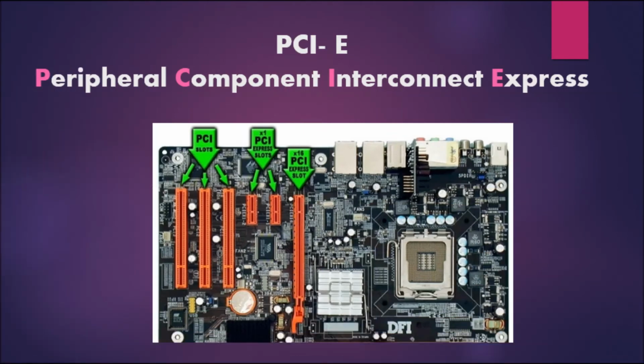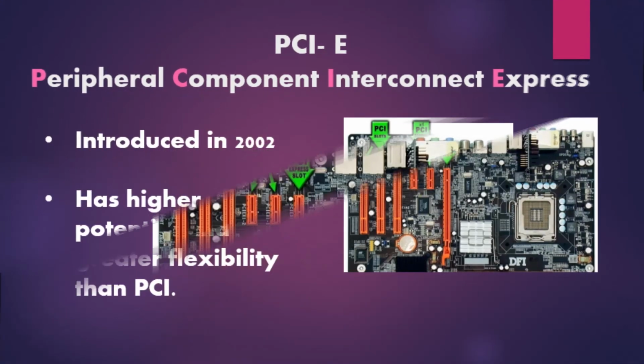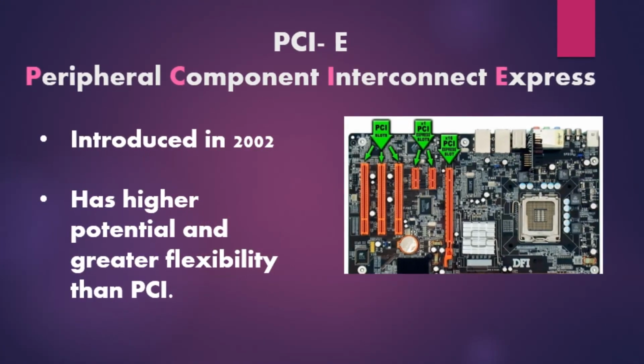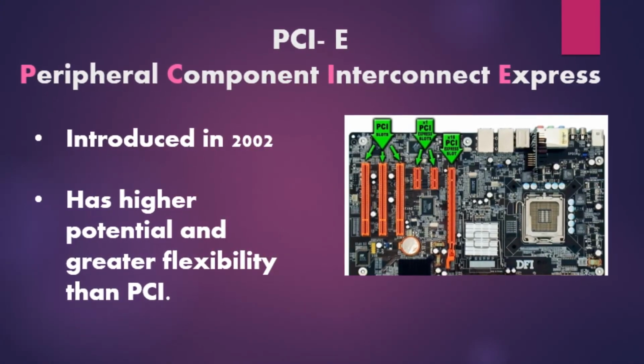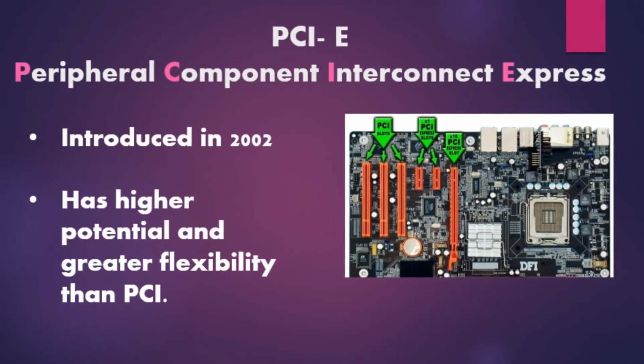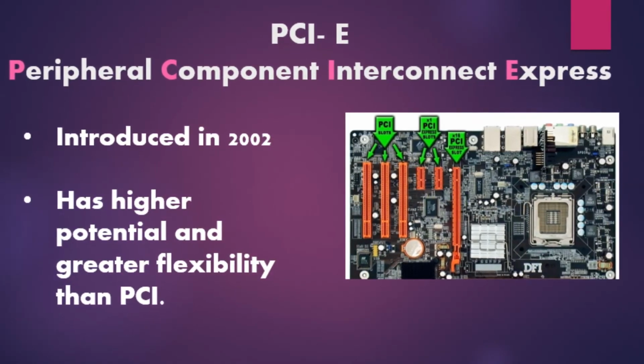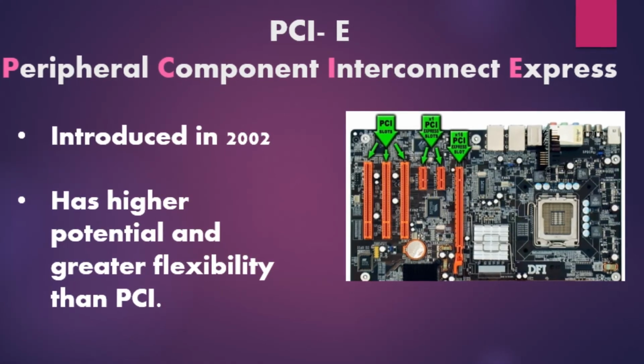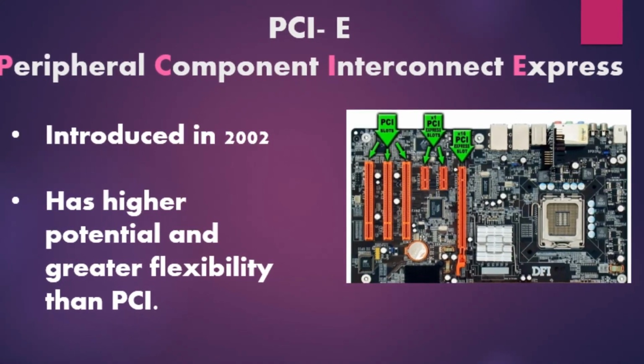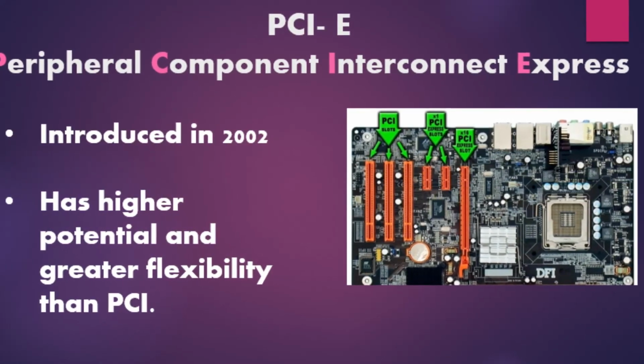Our next one is PCIe, which stands for Peripheral Component Interconnect Express slots. This was introduced in 2002. As the name Express suggests, it has higher potential and greater flexibility than PCI.